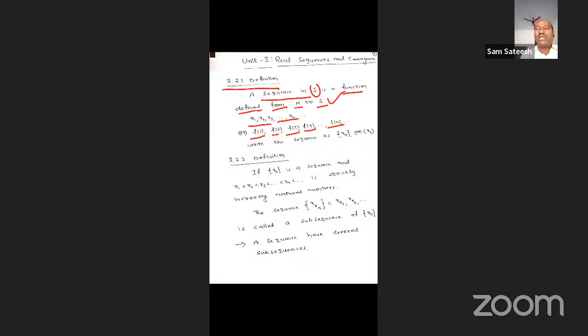So the function is also in a sequence. We can say it with x1, x2, x3 or f1, f2, f3. We write the sequence as curly braces xn or open bracket xn. Xn is denoted by curly braces of xn. This is the first definition of the sequence.